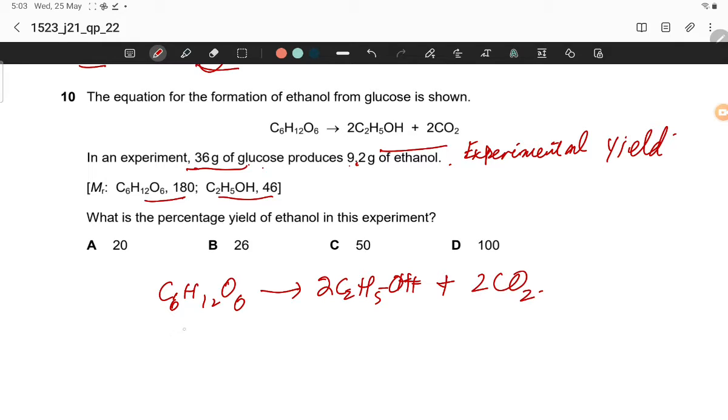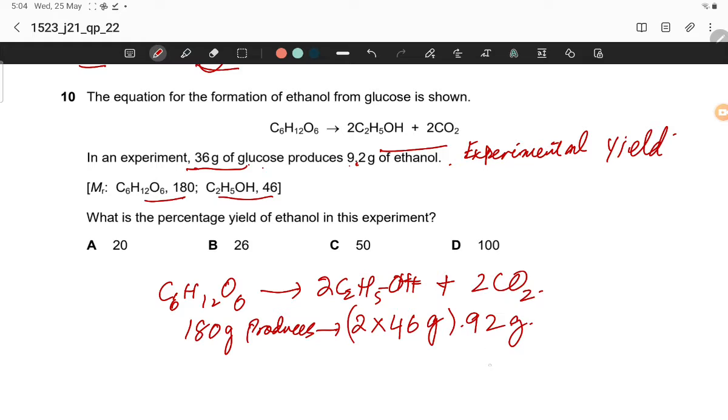Glucose Mr is 180. 180 gram produces 2 into 46 gram of ethanol. 46 into 2 is equal to 92 gram. So 180 gram produces 92 gram of ethanol. So what would be the mass of ethanol produced if 36 gram is used?